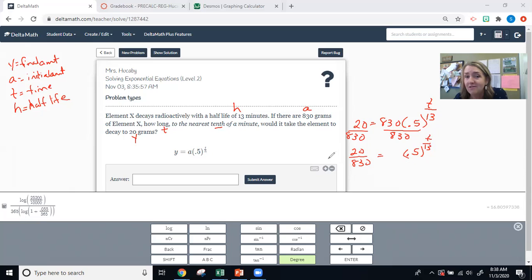If I take the log, just like the others, if I take the log of both sides, and then I take my exponent and I put it over here in front. So that would be T divided by 13. I can see that I can divide both sides by the log. So these cancel. That had already canceled.